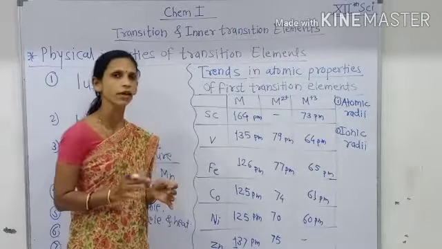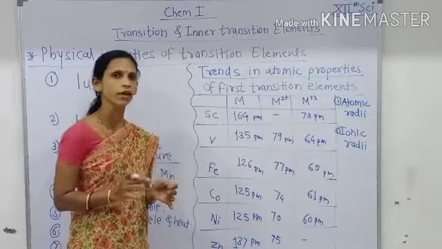See here, the atomic radius of scandium is 164 pm. For vanadium it is 135 pm. For iron it is 126 pm. For cobalt it is 125 pm. And for zinc it is 137 pm.